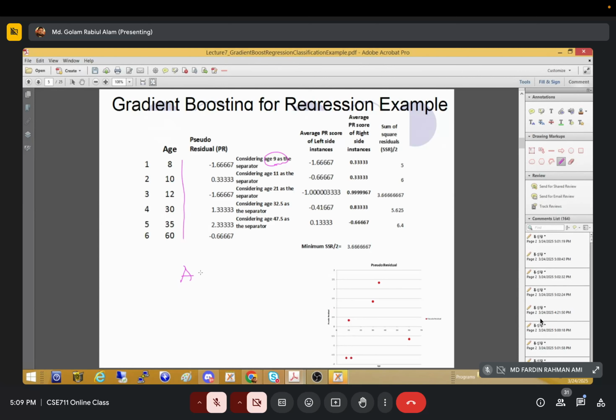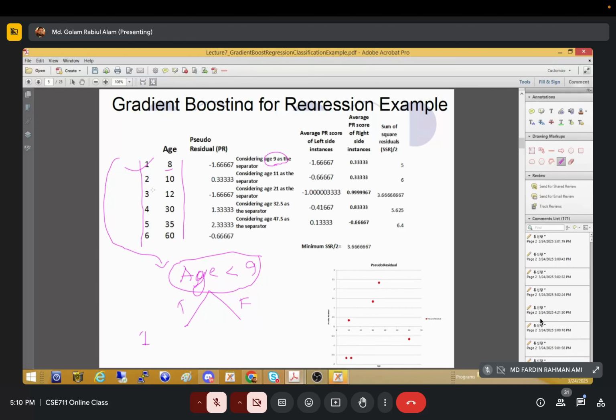For these observations, maybe it is true, and in some cases it is false. For the first observation, the age is 8. If we pass this observation here, 8 is less than 9. This is true. So observation 1 we have to place on the true side.